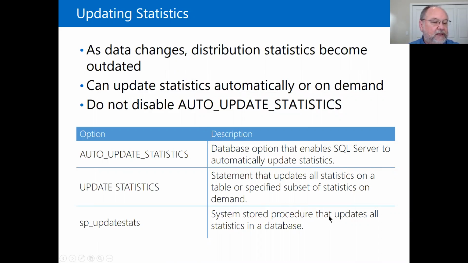That's going to update all of the statistics in your entire database. Think carefully before you do that. If you have the update statistics turned on, you should never have to do this. But remember, statistics are radically important to the performance of your server, so you definitely want to keep the update statistics turned on.